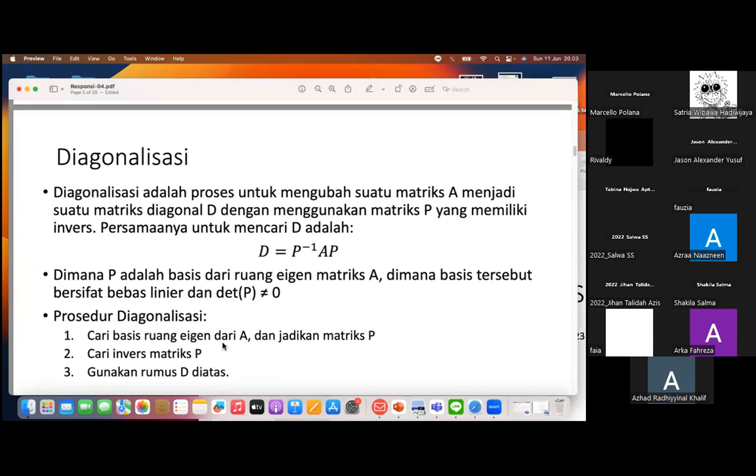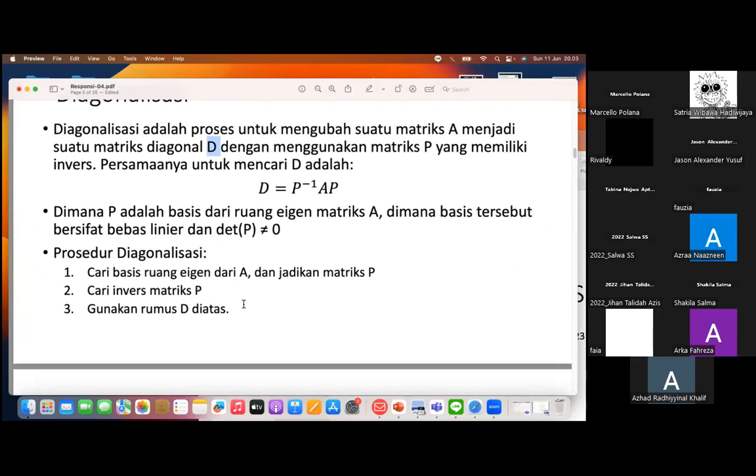Okay, so this is for diagonalization. For diagonalization, we are trying to convert this matrix A to become a diagonal matrix D using a matrix P that has an inverse. Because P has an inverse, therefore, the determinant of P cannot be 0.